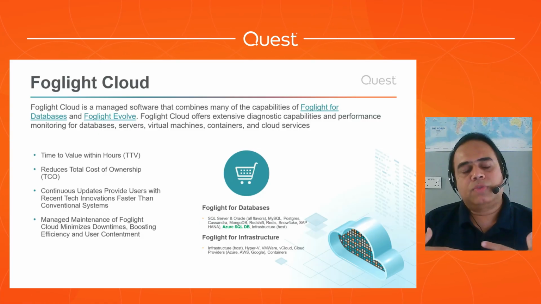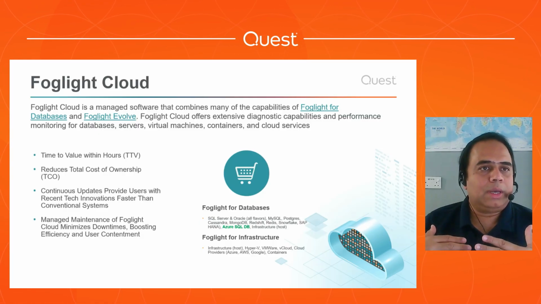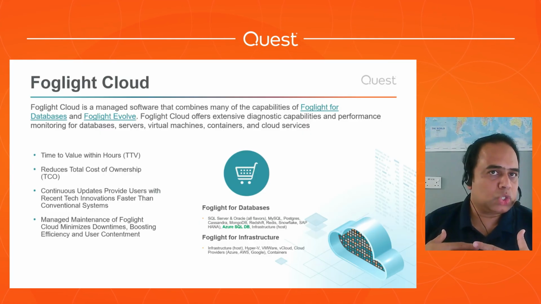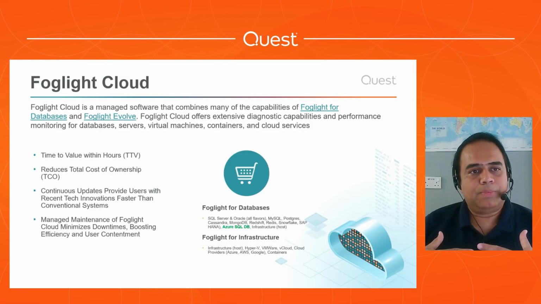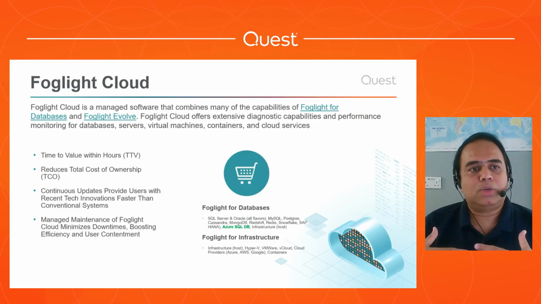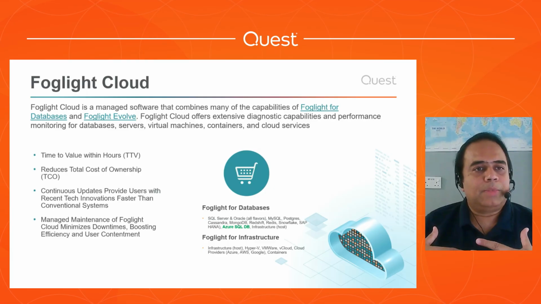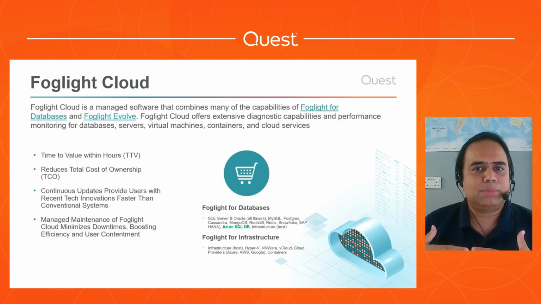One of the key benefits of Foglight Cloud is time to value. You'll have the extensive capability to manage the service, which reduces total cost of ownership, with continuous updates, automatic updates, zero downtime, and it also minimizes effort for users and boosts efficiency and user contentment.